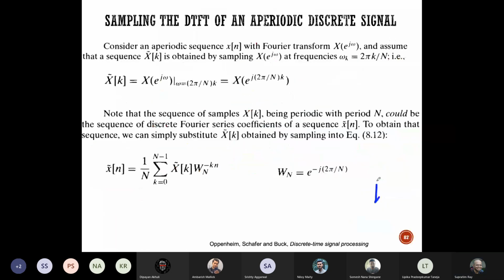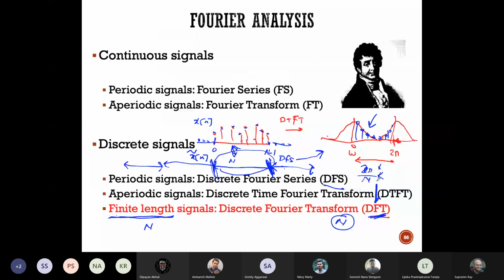So is it like that, first of all, we have a finite length signal, and then we make it periodic, and so the DFS has the periodic signal in time and frequency.